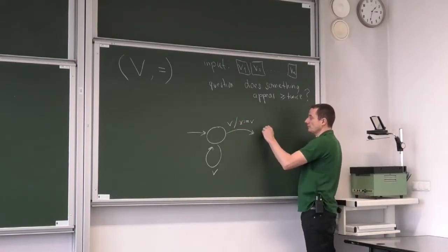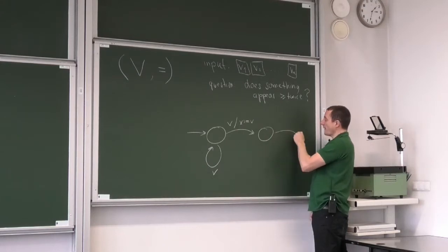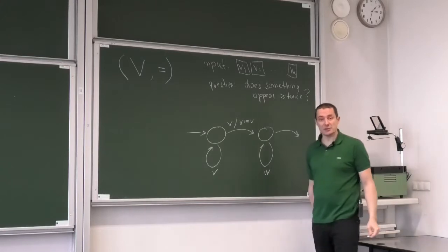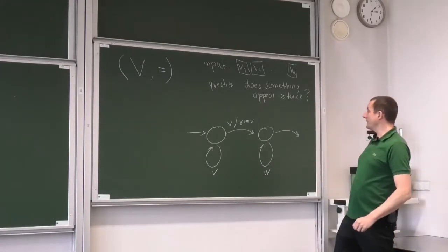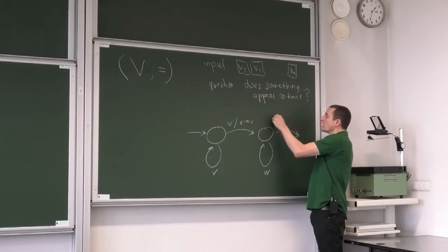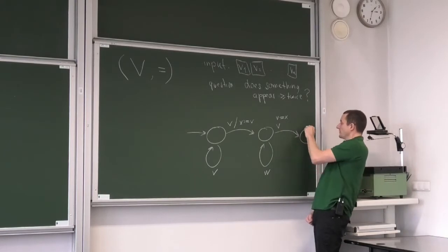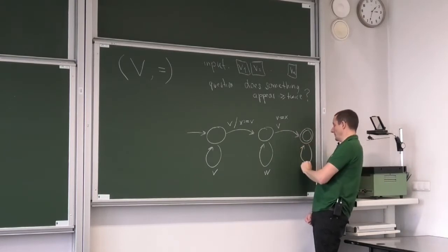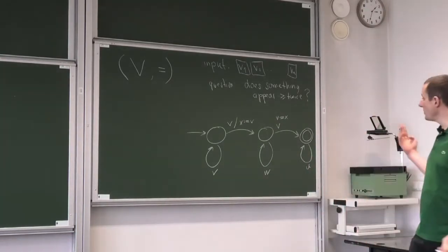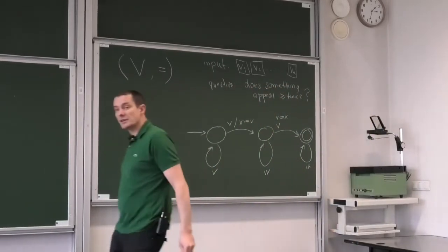It doesn't have to be the same V. And then once it has loaded it into the register, let me write W just to underline that it doesn't have to be the same V. Then at some point, if it reads V, and the guard of the transition is that it's equal to the register, then it accepts, and this is an accepting state, and it stays here forever. Okay? So not a very complicated automaton which just checks that something appeared twice.